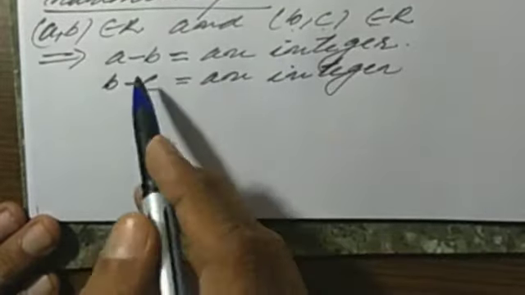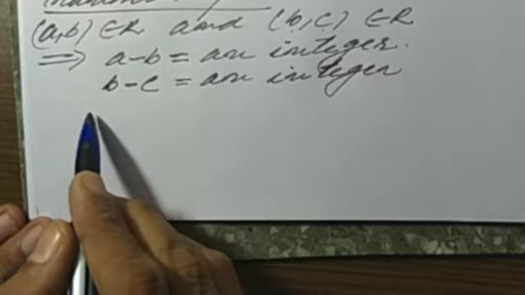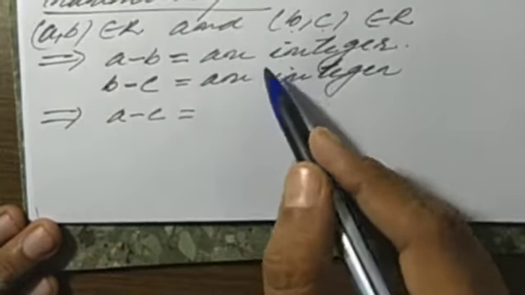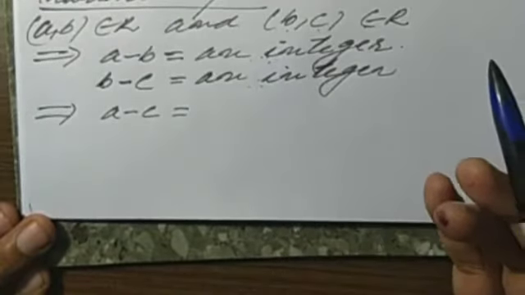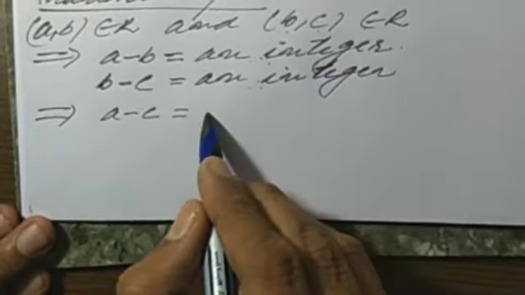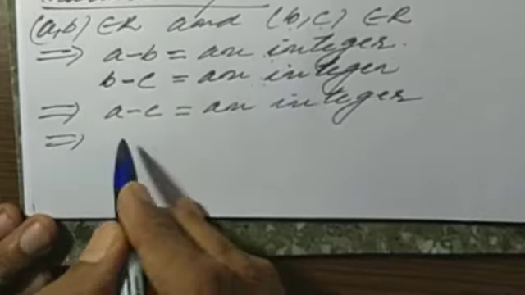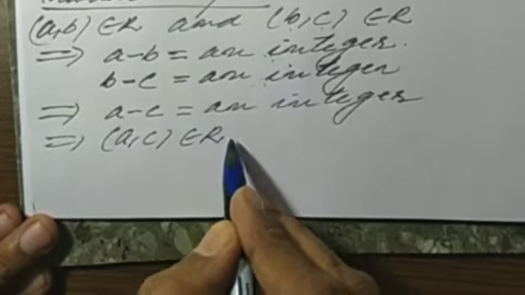If we add them up, minus b is cancelled by plus b and we get a minus c on the left hand side, and on the right hand side we get the sum of these two integers, and obviously the sum of two integers is also an integer. So it implies that (a, c) must also belong to R.